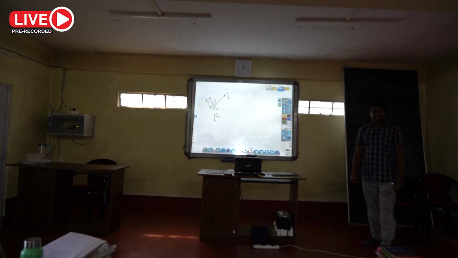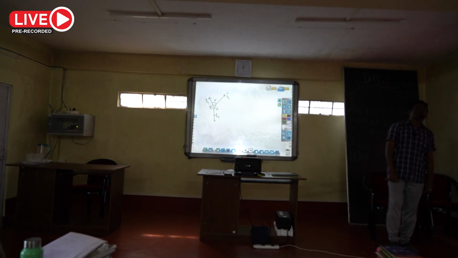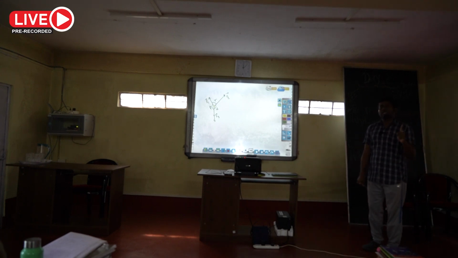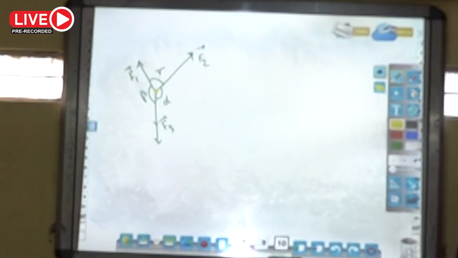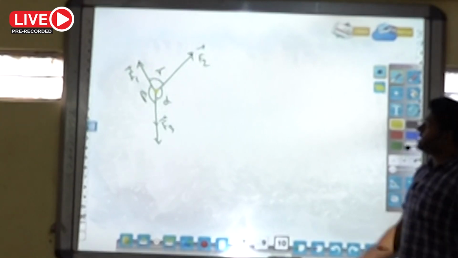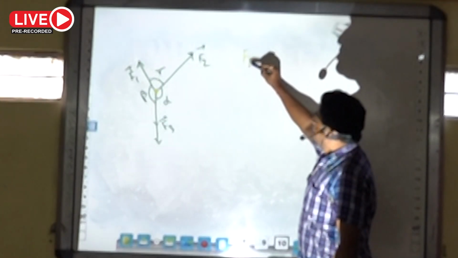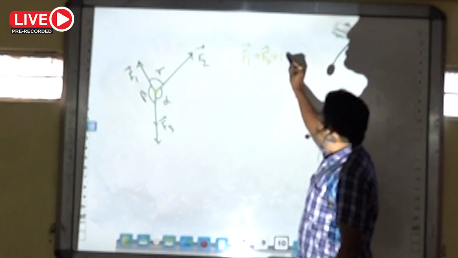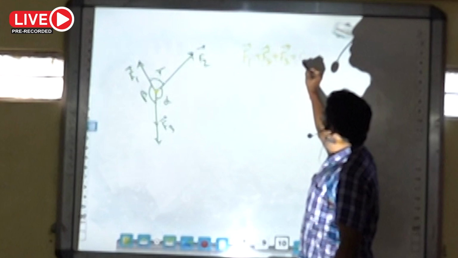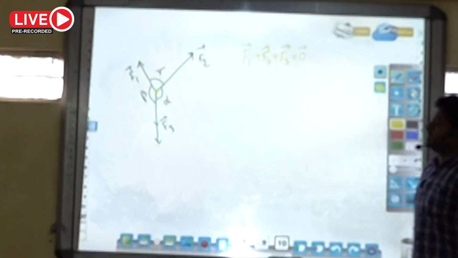The first one is called static equilibrium, the second one is called dynamic equilibrium, but both are equilibrium. Then since they are in equilibrium, the sum of the three forces should be 0. So we can immediately write F1 plus F2 plus F3 equals 0, the null vector.